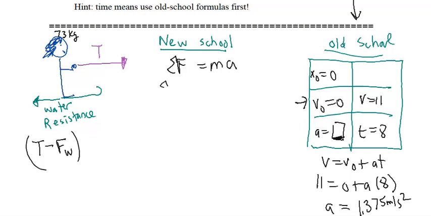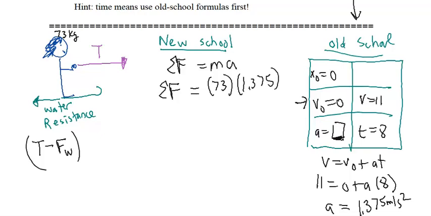So they're just saying find the combination. We don't care how much tension is, how much water resistance is, we just want to know what's the net result, okay? Because that's what's pushing her forward. So just a different way of thinking about it.